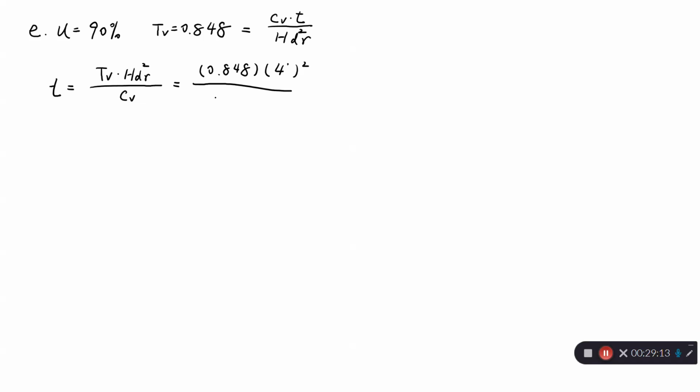C sub V is 0.018 feet squared per day. Remember to keep the units consistent.